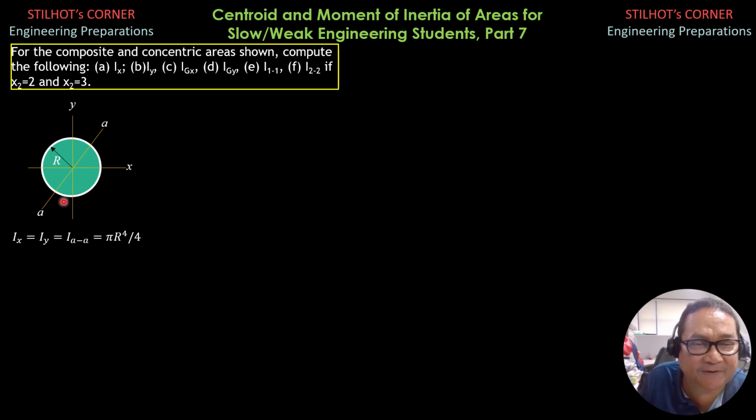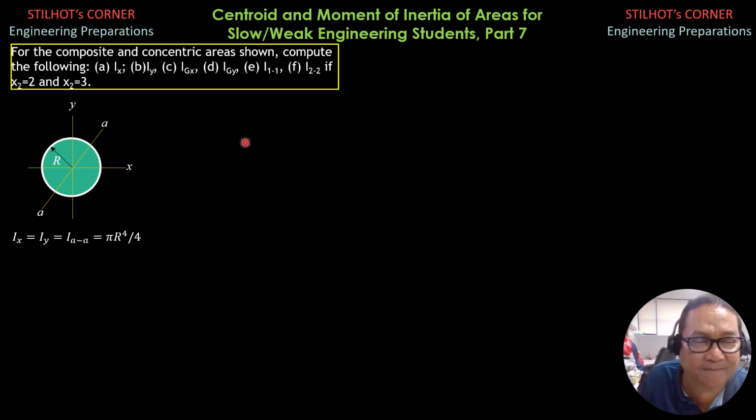But even if you're a slow or weak engineering student, you must also look at the derivation of this formula in books and in my previous videos, especially the starting topic section on moment of inertia.